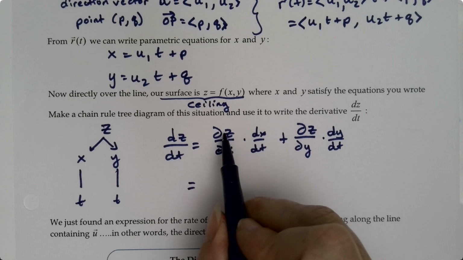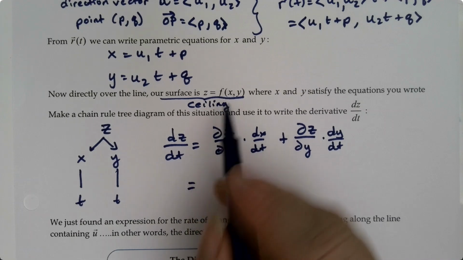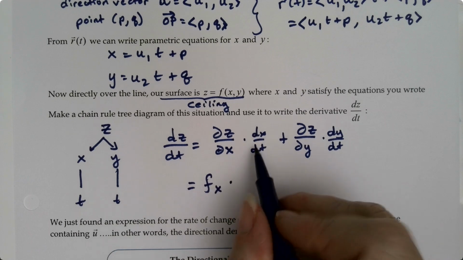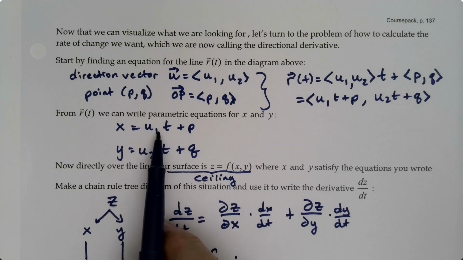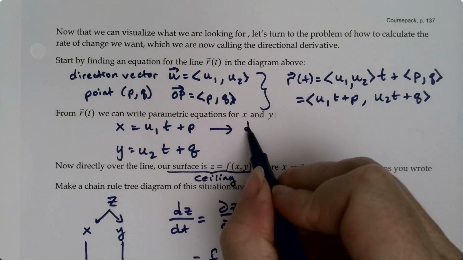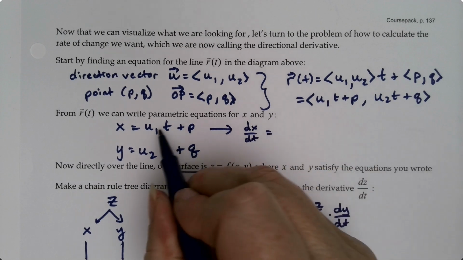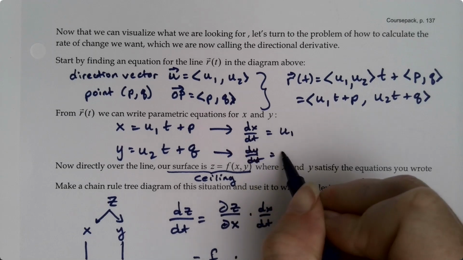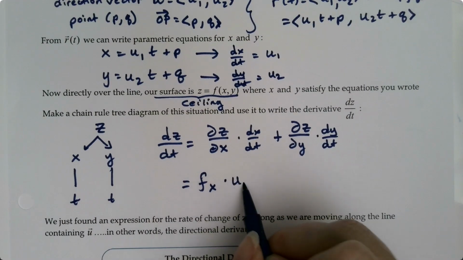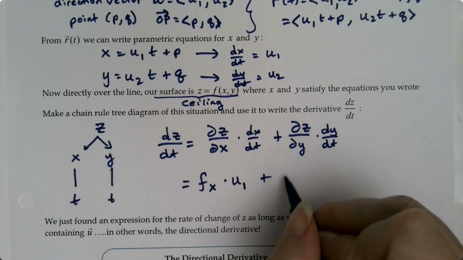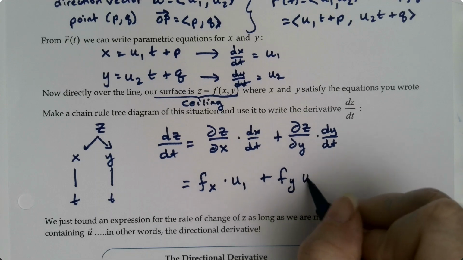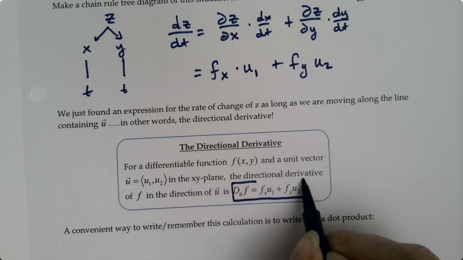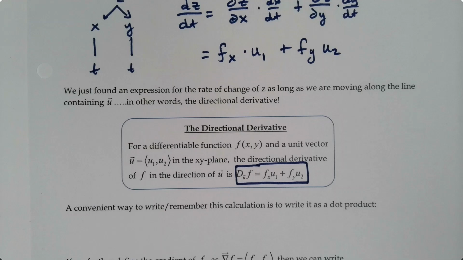So this is f sub x, right, because our function z was f. So f sub x times dx/dt. Well, dx/dt was u1, right? So if this is the case, then dx/dt, the derivative of that with respect to t, is u1. And the derivative of y with respect to t is u2. So this is f sub x u1 plus f sub y u2, which is the formula we have right here on the formula sheet.